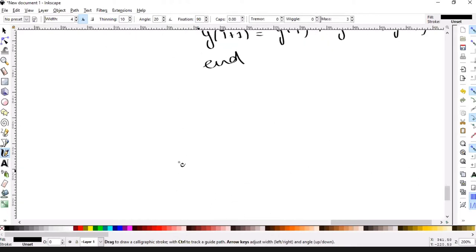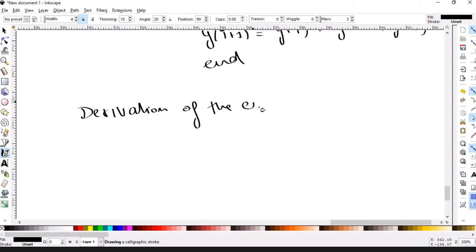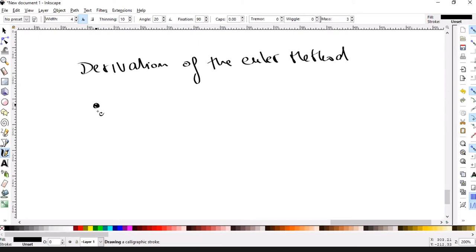So how to derive this Euler method now? We can derive it in many different ways. First, the derivation from the Taylor expansion.